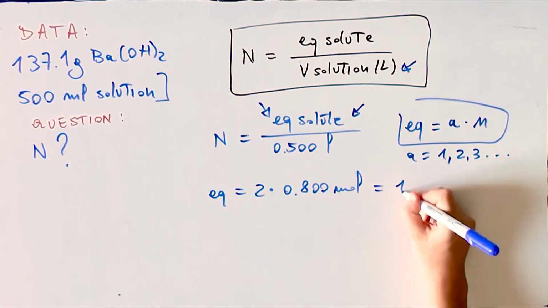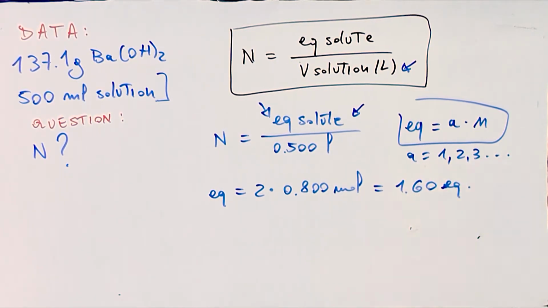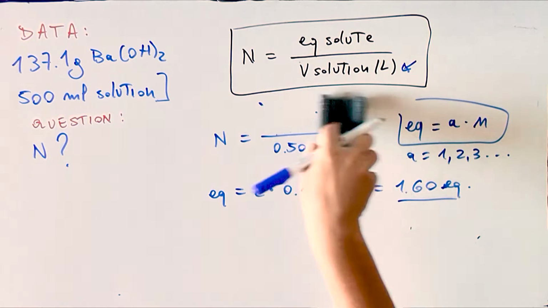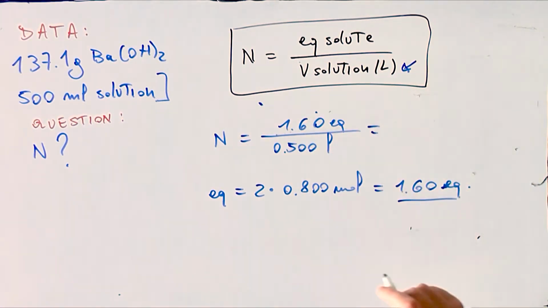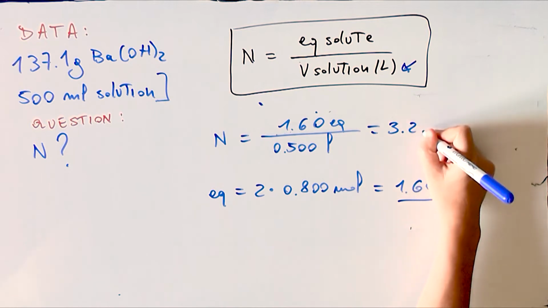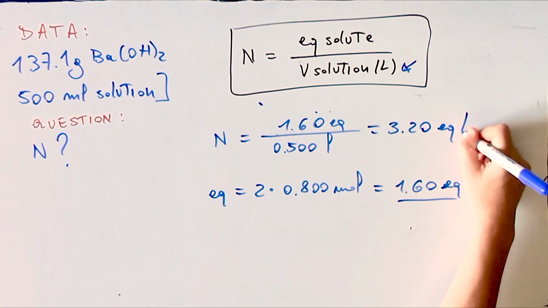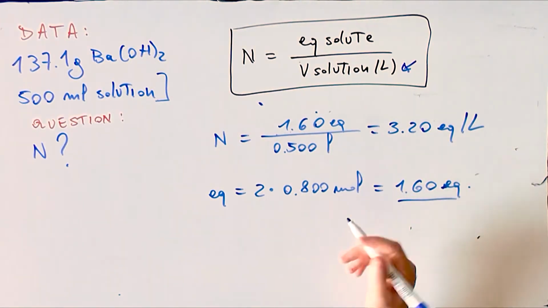If you do that, you will see that it's 1.60 equivalent. So we have our last number to put here. Just do this ratio and you will see that the answer is 3.20 equivalent per liter. So this was also a simple problem.